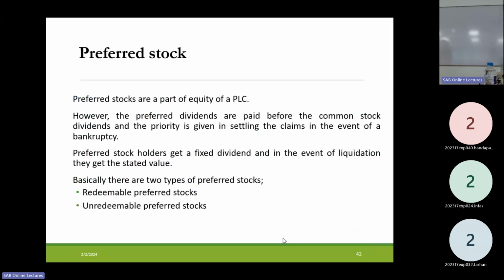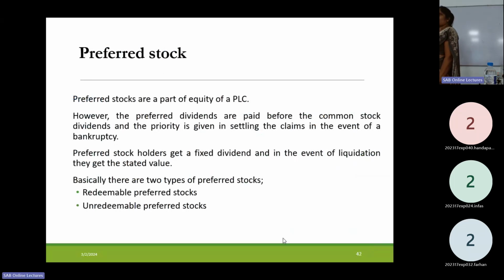If it is redeemable, say this is a preferred stock with 5 years to maturity. Suppose the par value is 100. Normally, for the preferred stock, we consider the face value, par value, as 100. Say this dividend rate is 10%.